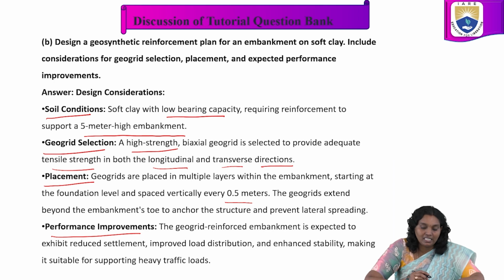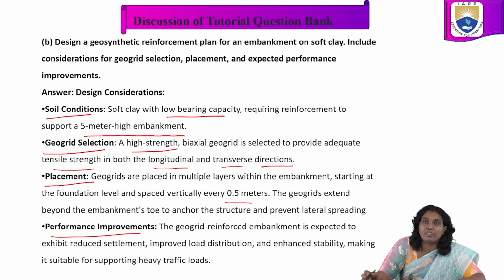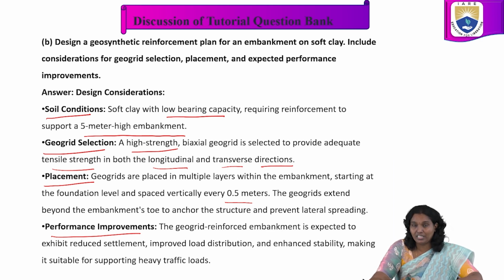The geogrids extend beyond the embankment toe to anchor the structure and prevent lateral spreading. Performance improvements: the geogrid-reinforced embankment is expected to exhibit reduced settlement, improved load distribution, and enhanced stability, making it suitable for supporting heavy traffic loads.